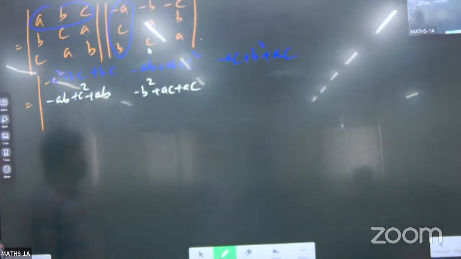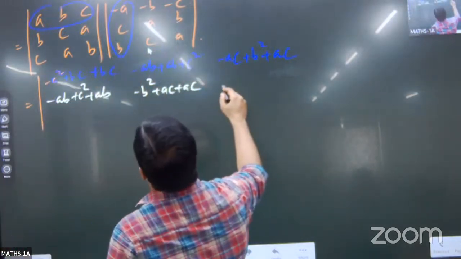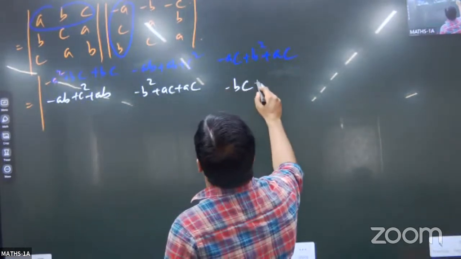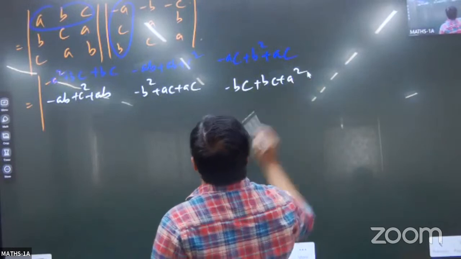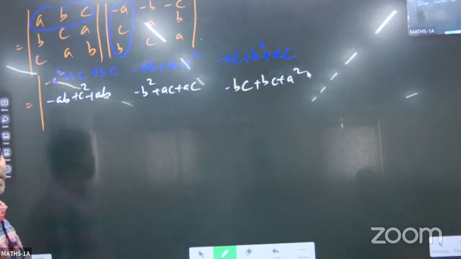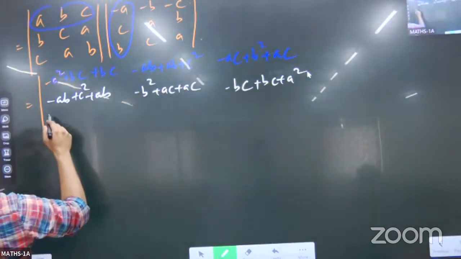Now the same second row with third column, what is that? Minus BC plus BC plus A square. See, your second row with all three columns has been done, and you write it in the second row only in the resultant matrix or determinant.